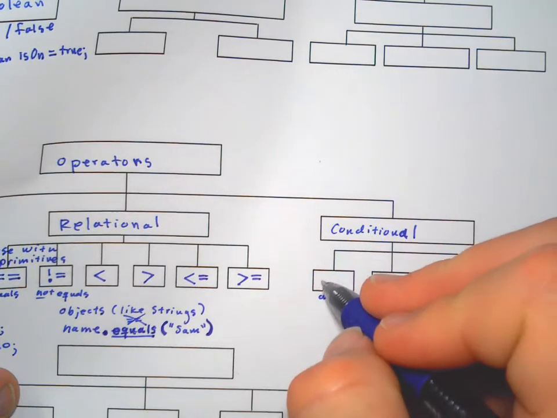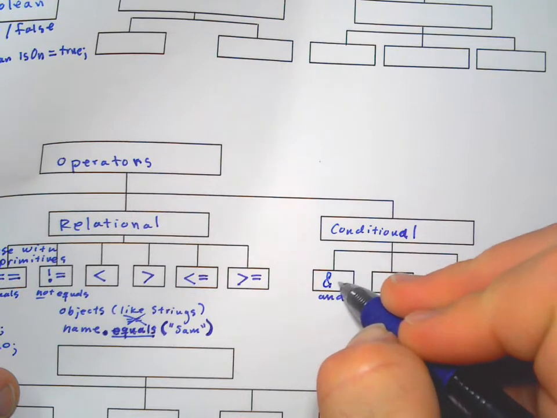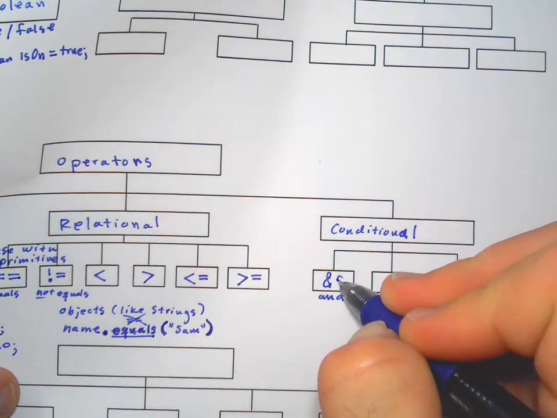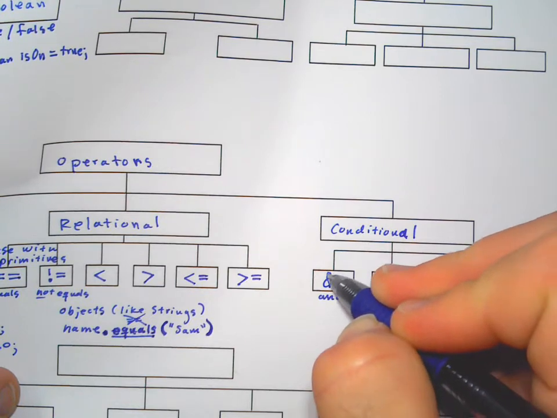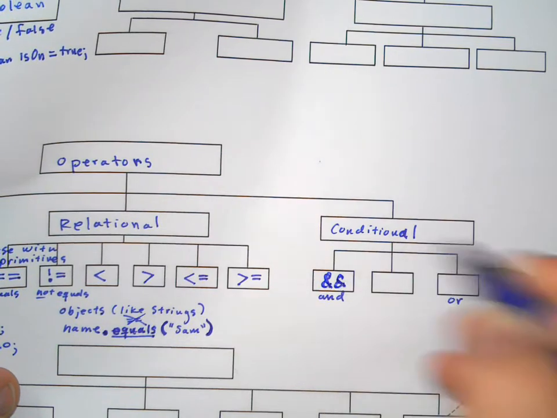So for and, we use this and symbol. I have a hard time writing it. It's kind of like that. But it's got to be double. You got to put two of them. Okay?